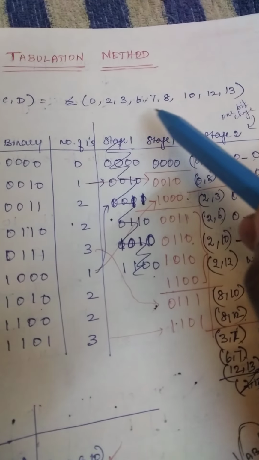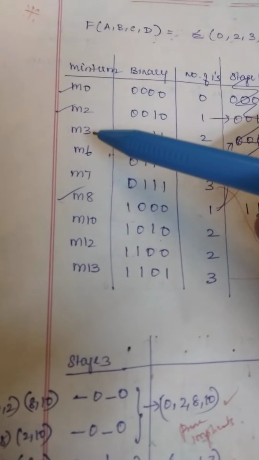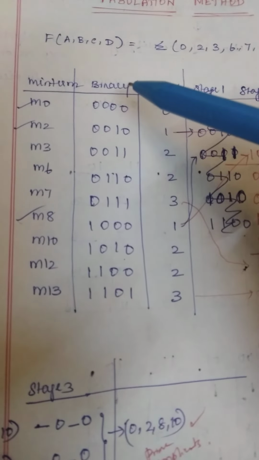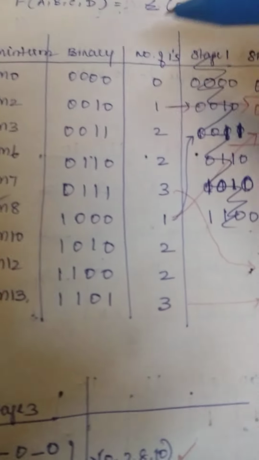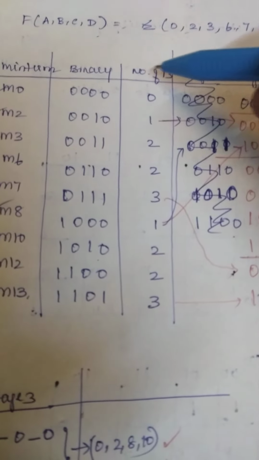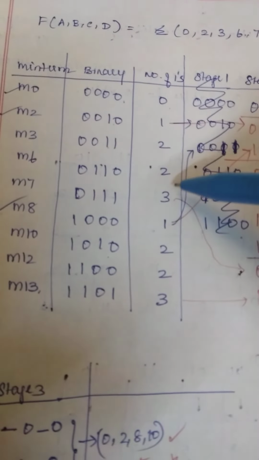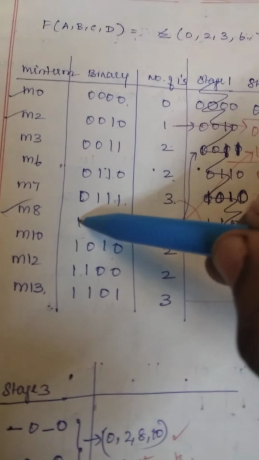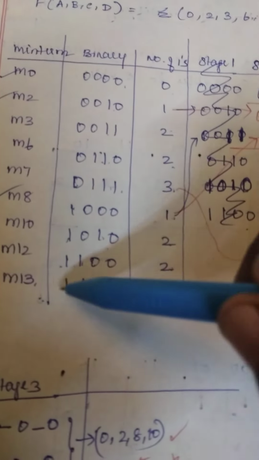We have written these values in the form of M0, M2, M3, M6, M7, M8, M10, M12 and M13, and we have written the binary values for these minterms. And here we are calculating the total number of ones. Here no ones, so 0; 1, so 1; 2 ones, so 2; 3 ones, so you put 3.